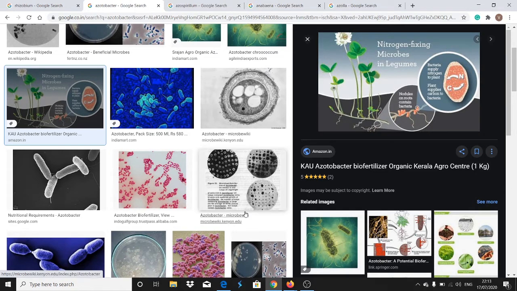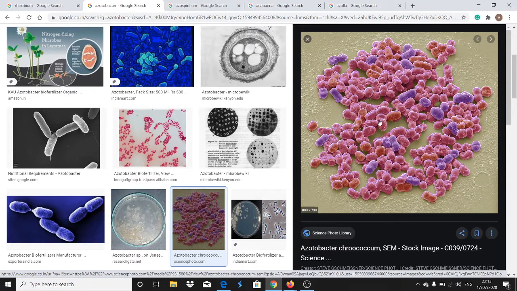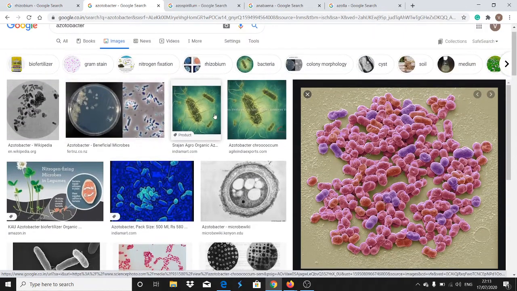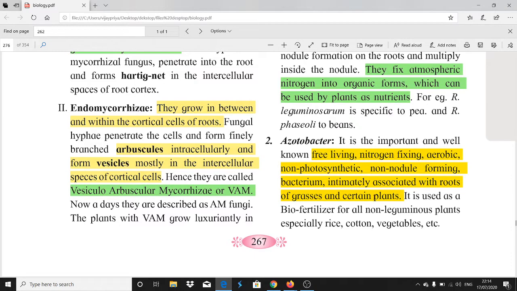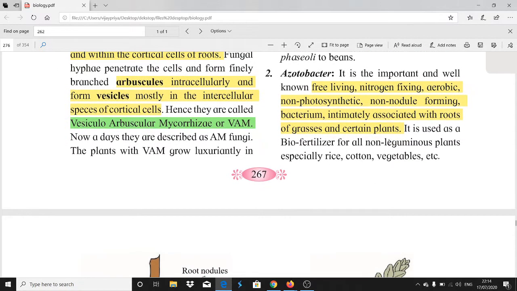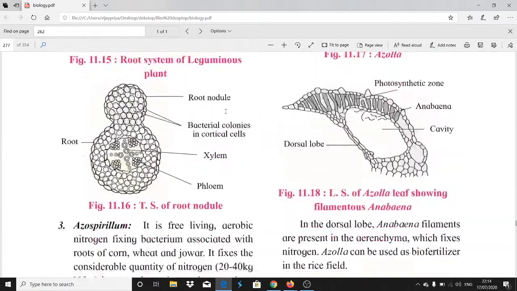And these are the bacterial cells, Azotobacter. You can observe the various kinds of diagrams of such microorganisms. Rhizobium, Azotobacter. It is used as biofertilizer for all non-leguminous plants, especially rice, cotton, vegetables, etc.